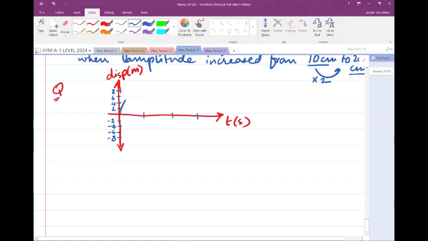They show you that this is what a wave looks like on a graph.